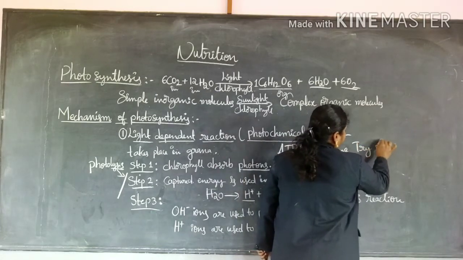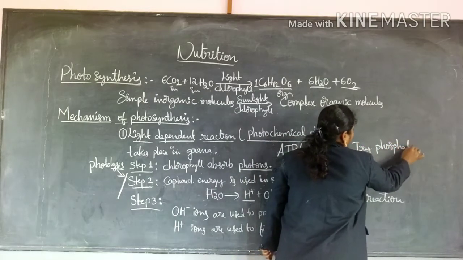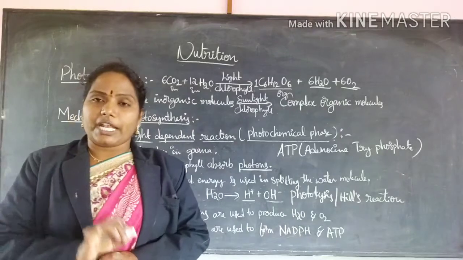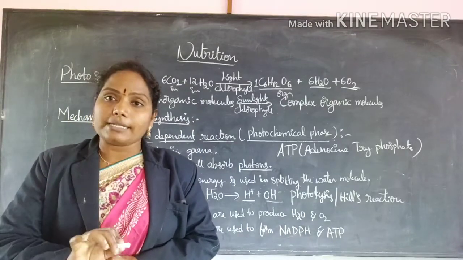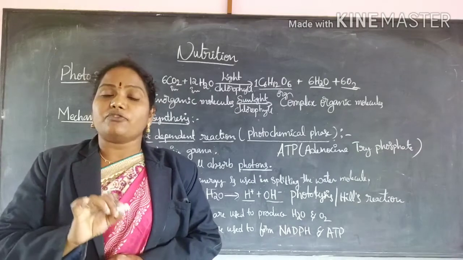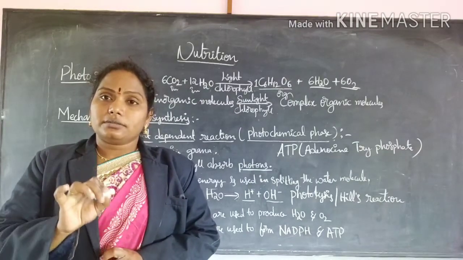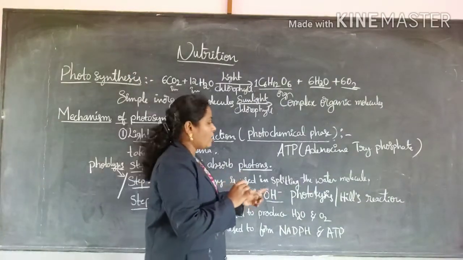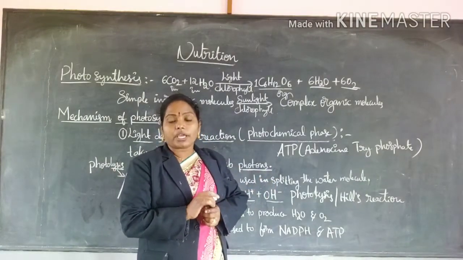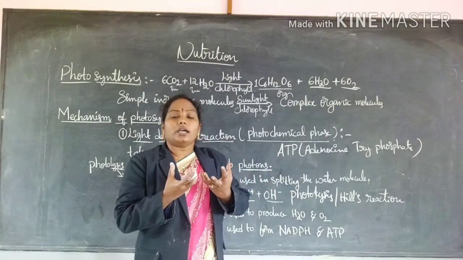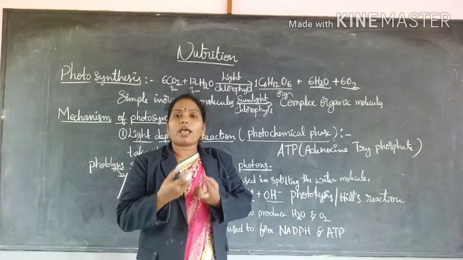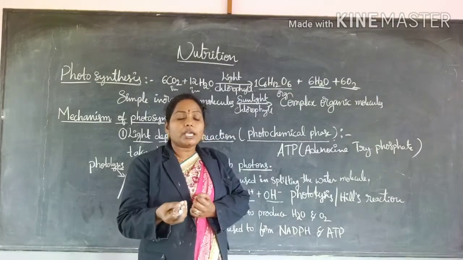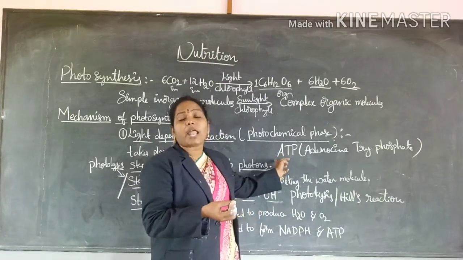This is an energy form, one of the important energy forms in plants and also in animals. We utilize energy to perform any action, to do any work. That energy form is nothing but ATP. In plants it is the same.